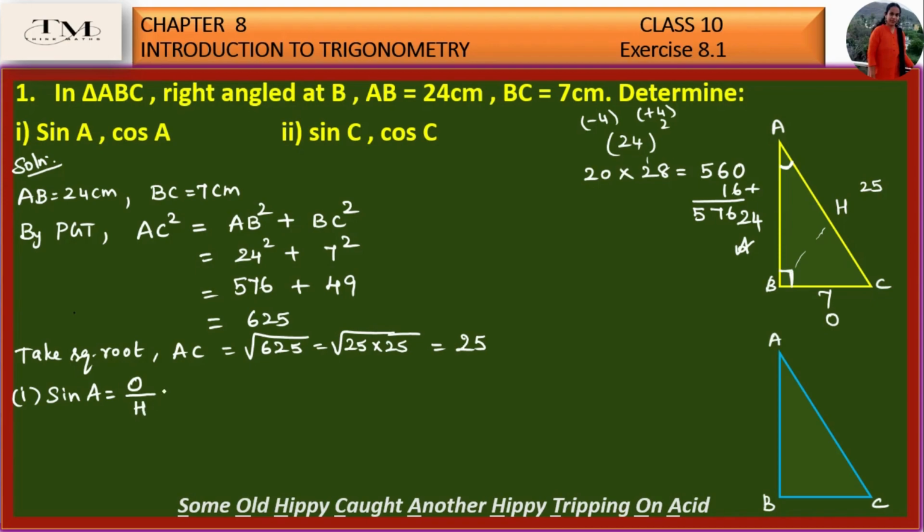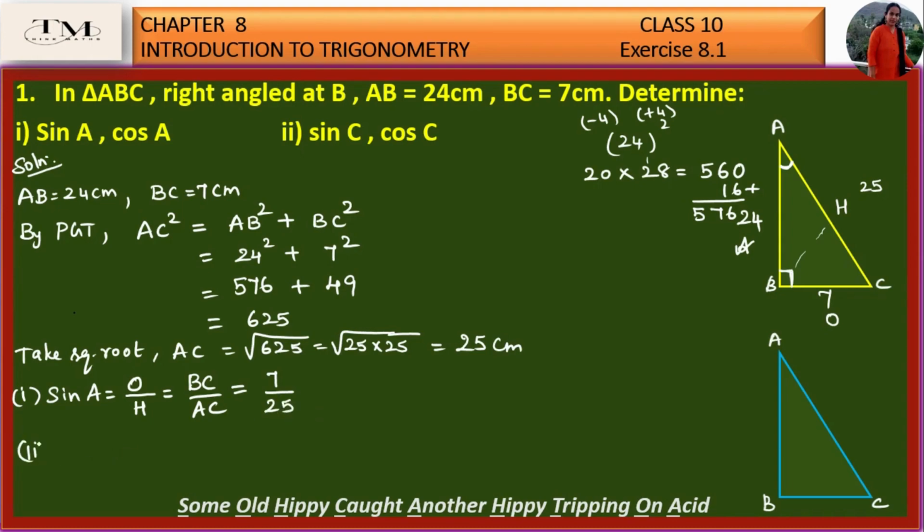Who is the opposite side for angle A? It is BC. Who is the hypotenuse? AC. So BC by AC. BC equal to 7, AC is 25 centimeter. So it is 7 by 25.